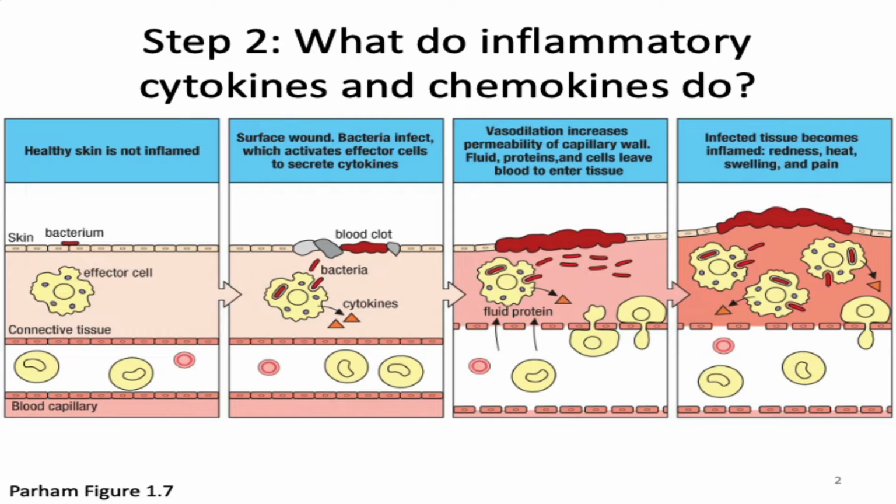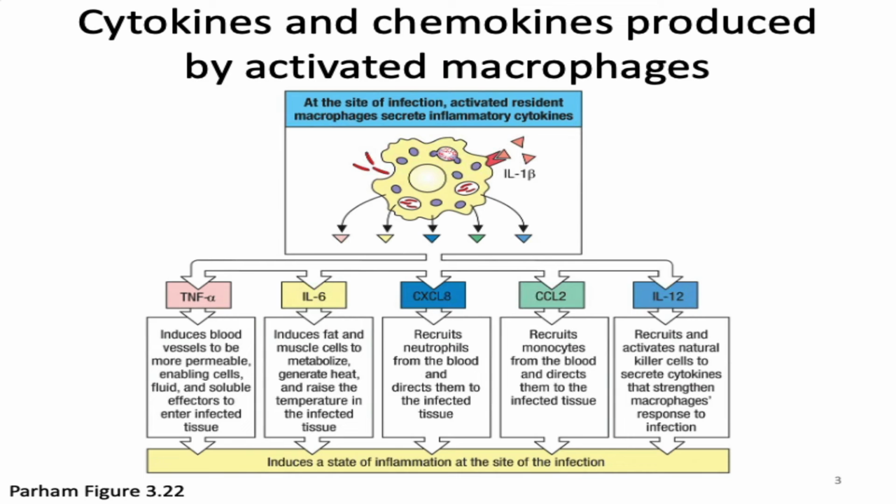This image also shows some other things that the cytokines are doing. I'm going to come back to this image in a second. But here you can see some of the classic inflammatory cytokines that a macrophage makes, along with their specific actions.